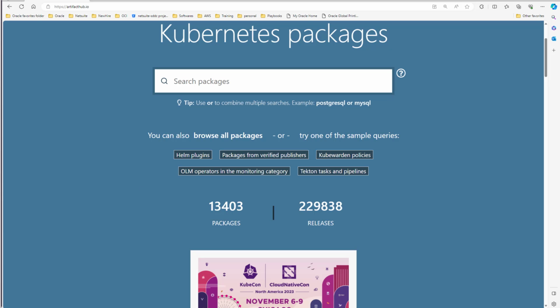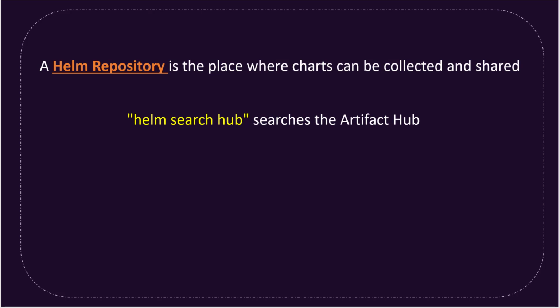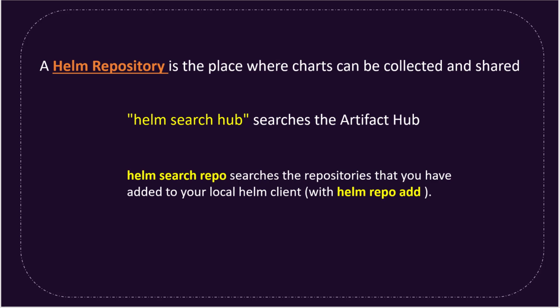Let's go back to the presentation. With this command, helm search hub, we can search Artifact Hub for a chart that we want. Also, with helm search repo, we can search the specific repositories that we have already added to our local machine by helm repo add. So let's go to the terminal and play with these commands.